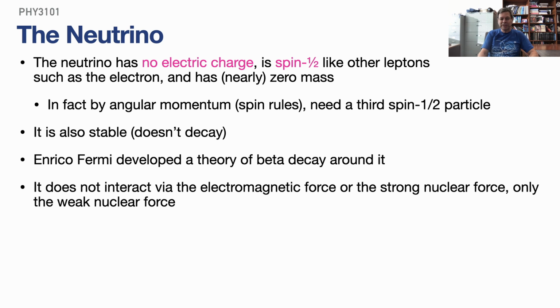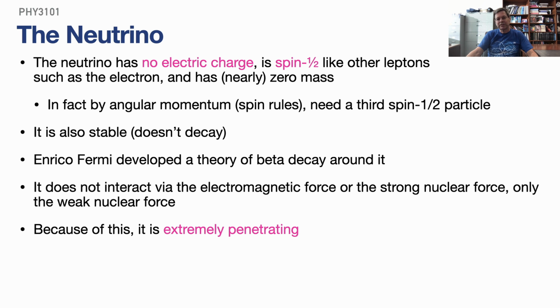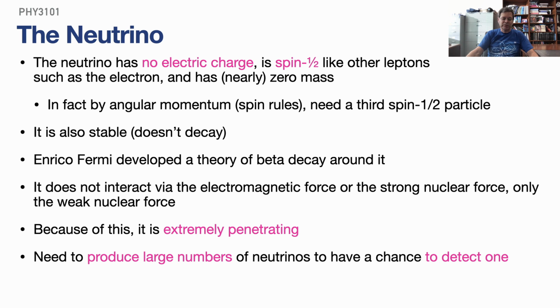Well, just the weak nuclear force and gravity, but gravity is very weak and the mass is very tiny. So really it's only the weak nuclear force which is contributing here. Because of this, and because the weak force is so weak, the neutrino is very penetrating. You would have to produce large numbers of neutrinos to have a chance to detect one.